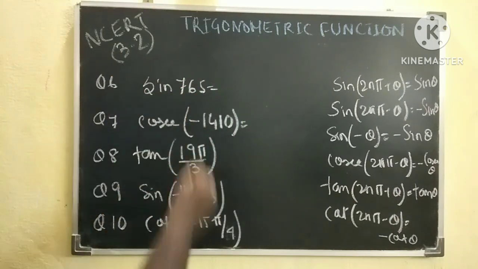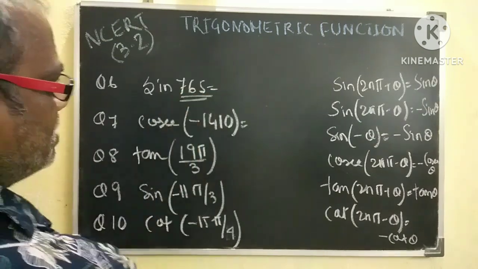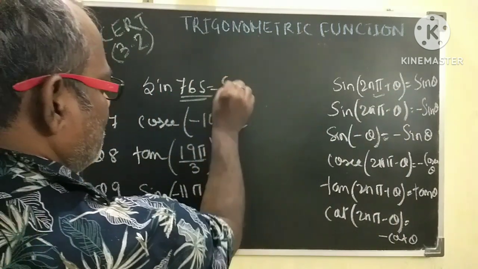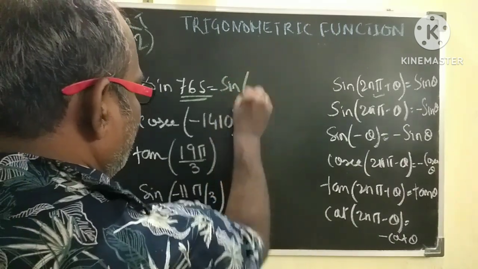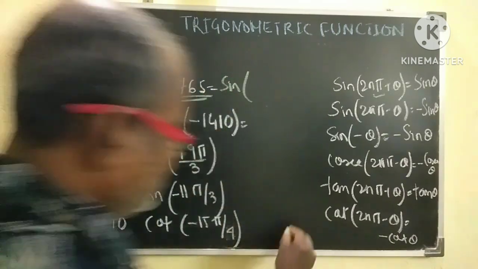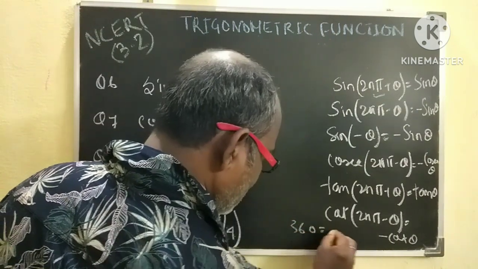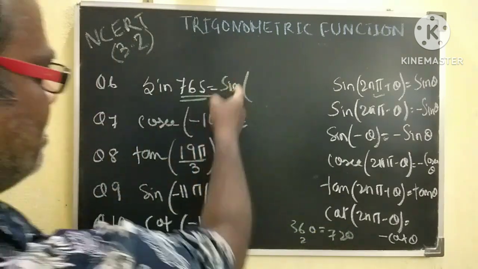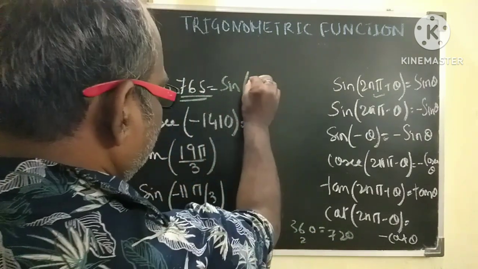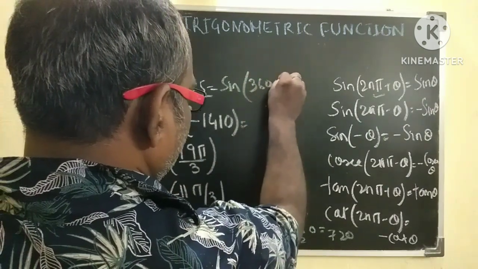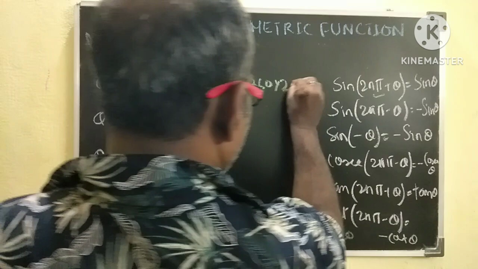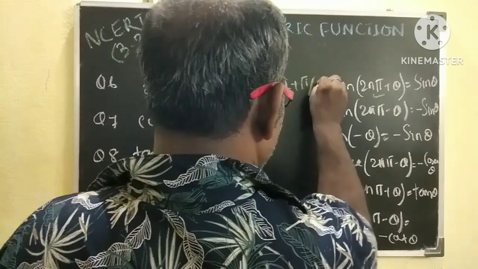Now this 765, we have to write down in this way. So we can write sin 765 means 360 into 2 is 720. So we can write here 360 into 2, that is 720 plus 45, plus pi by 4.